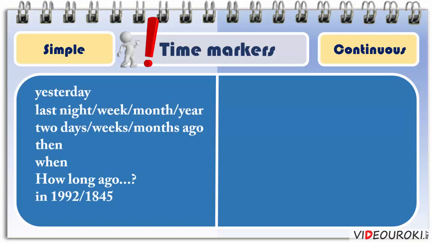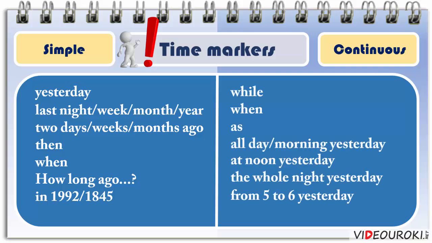Time expressions used with the past simple include yesterday, last night, last week, last month or year, two days, a week, a month ago, then, when, how long ago, in 1992, 1845, and so on. The past continuous is used with the following time expressions: while, when, as, all day, all morning yesterday, at noon yesterday, the whole night yesterday, from 5 to 6 yesterday.